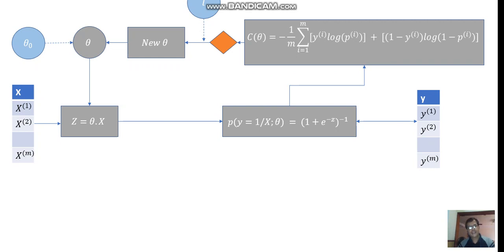To summarize, the input for the model is the independent variable and the respective dependent variable. The parameters for the predictive model learning are the initial value of theta and the learning rate, and the output of the model will be the theta which will minimize the cost of the predictive model on the input observations.